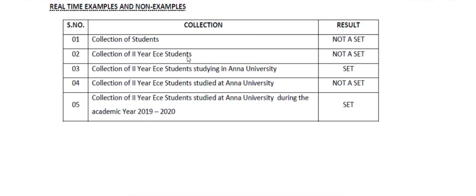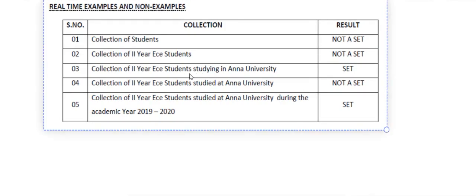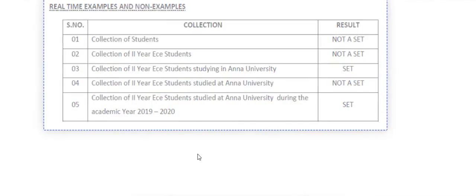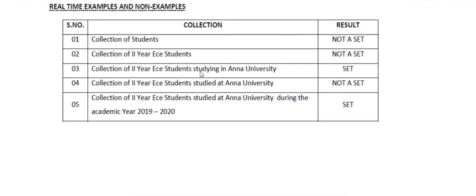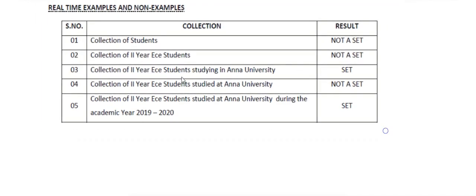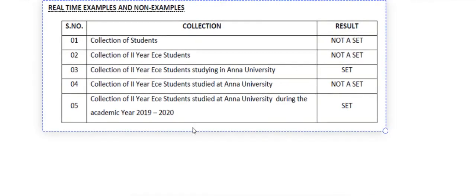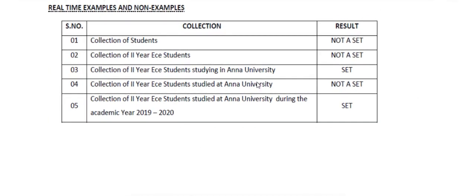Compare the second example and the third example. Collection of second year students studying in Anna University. Studying means at present they should be studying. That is very, very important. At present. It's the present tense. Studying means present tense, right? So the third will be a set and the second won't be a set.